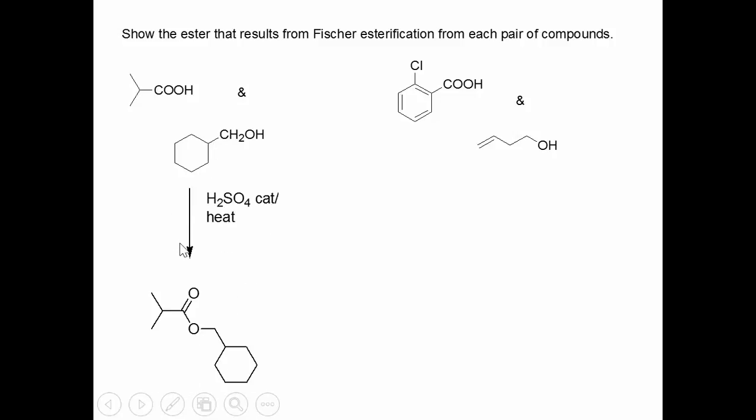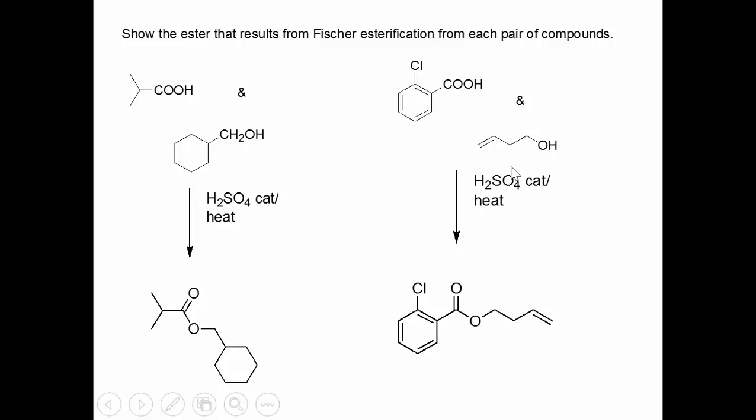And remember that this part here comes from the acid, and this part here comes from the alcohol. All right. What's the ester you get from 2-chlorobenzoic acid and butanol? Okay, so the ester that you get is going to be the ester right there.